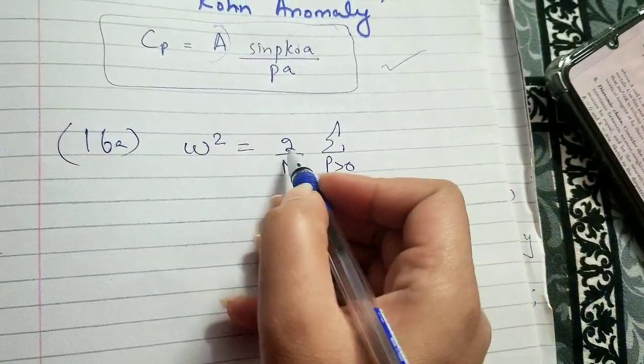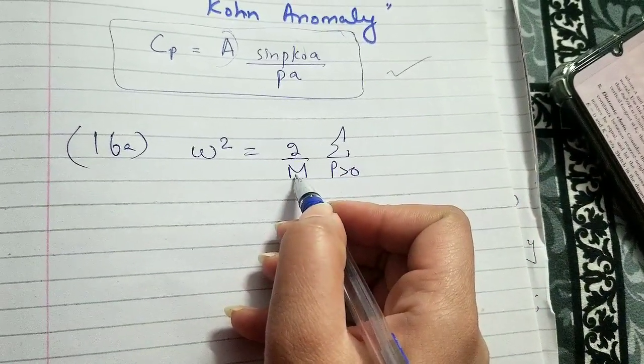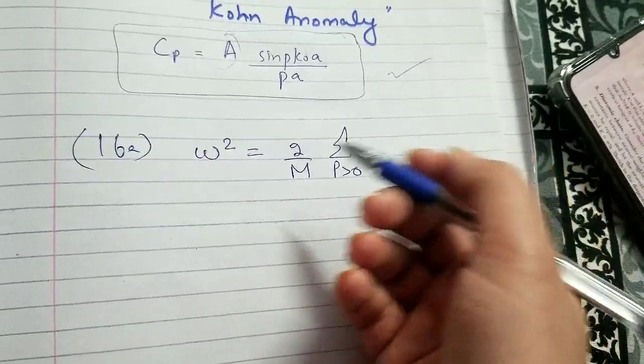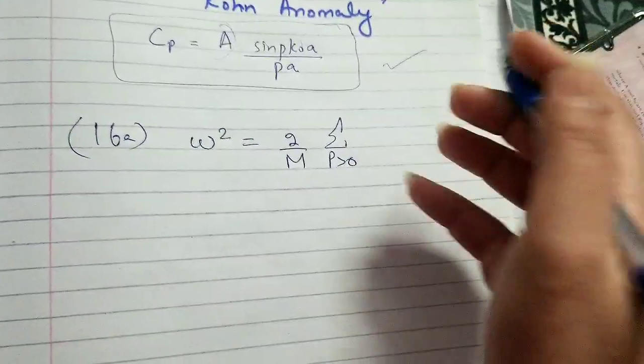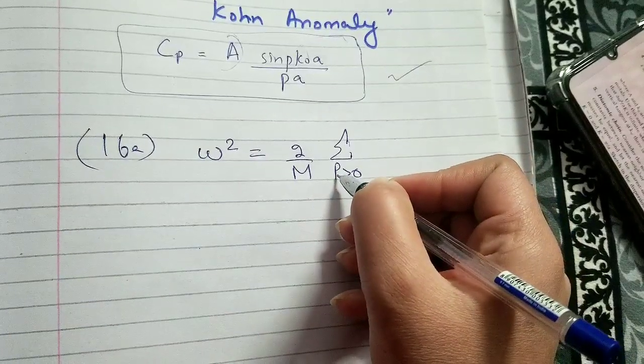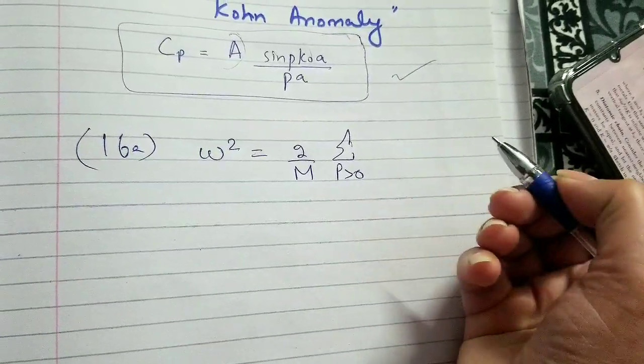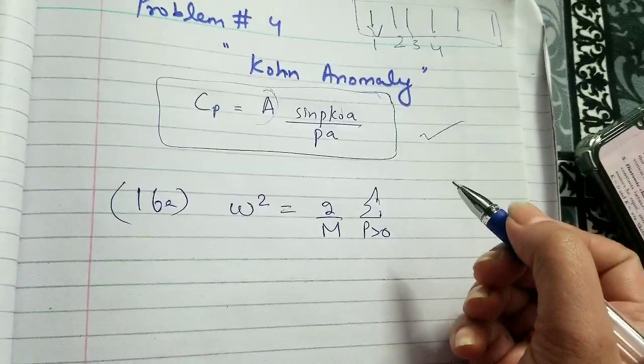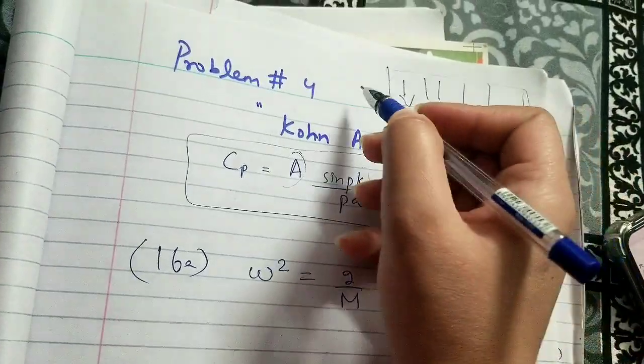So it is 2 over capital M, where M is the mass of the atom of which the lattice is made up. The summation runs over p greater than 0. We consider the positive ones because there is nothing like a negative plane.